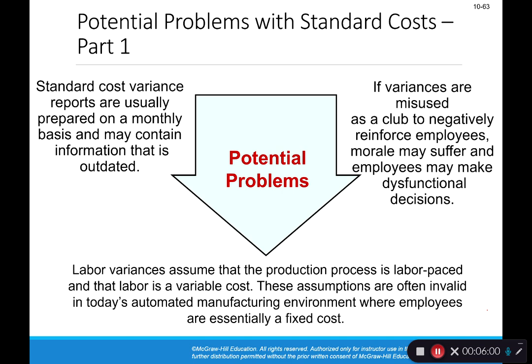So you've got to be careful at the way you use these variances. And labor variances assume that the production process is labor-paced and that labor is a variable cost. These assumptions a lot of times are invalid because a lot of companies focus on automation more than employees, and the automation is essentially fixed as opposed to variable cost.